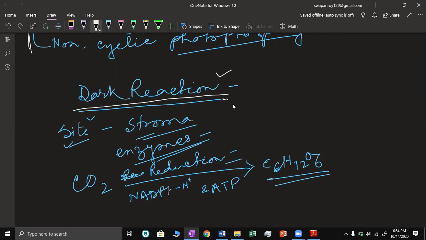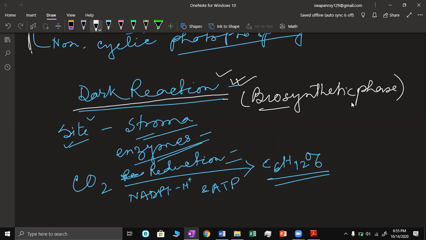In the previous class, we had not completed the dark reaction. So today's topic is the dark reaction. This one is the biosynthetic phase.